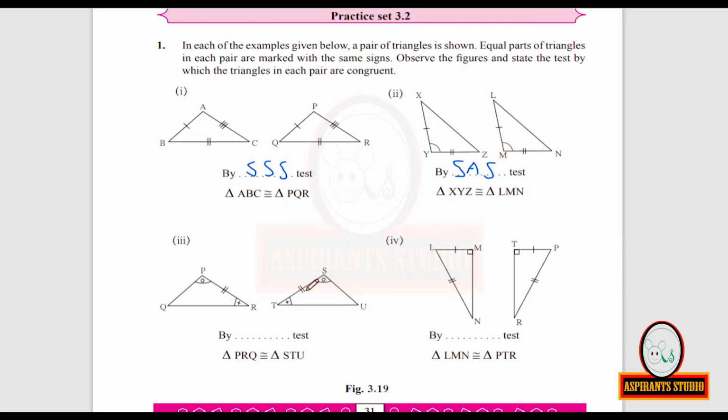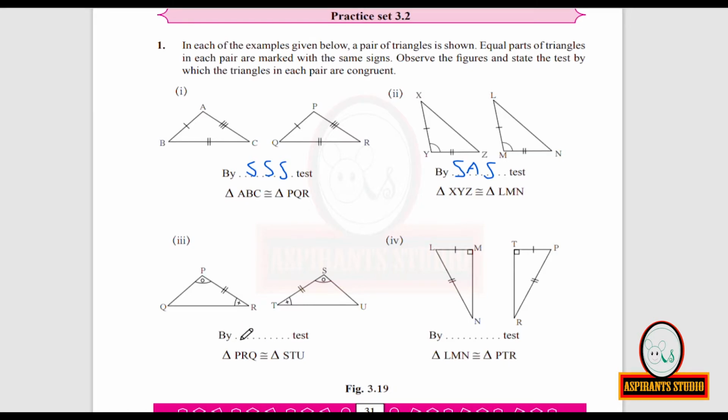So now if two angles of a triangle and a side included by them are congruent with the corresponding angles and the side included by them of the other triangle, then the triangles are congruent with each other by ASA test, angle side angle test.